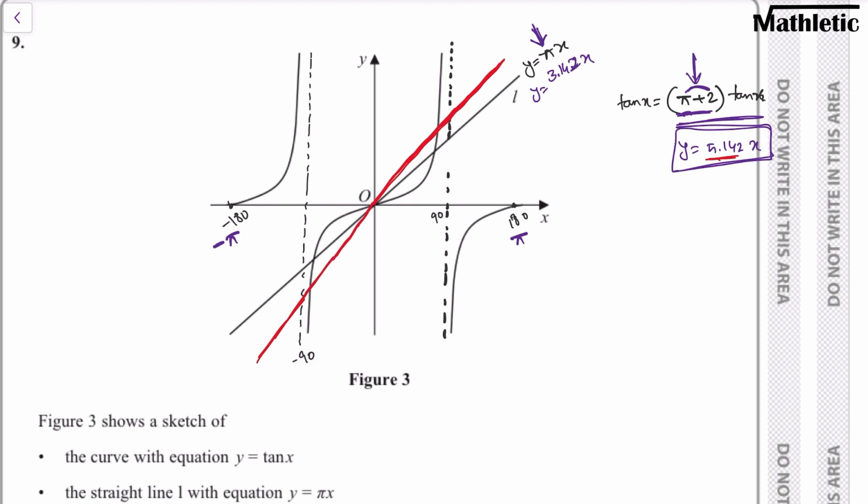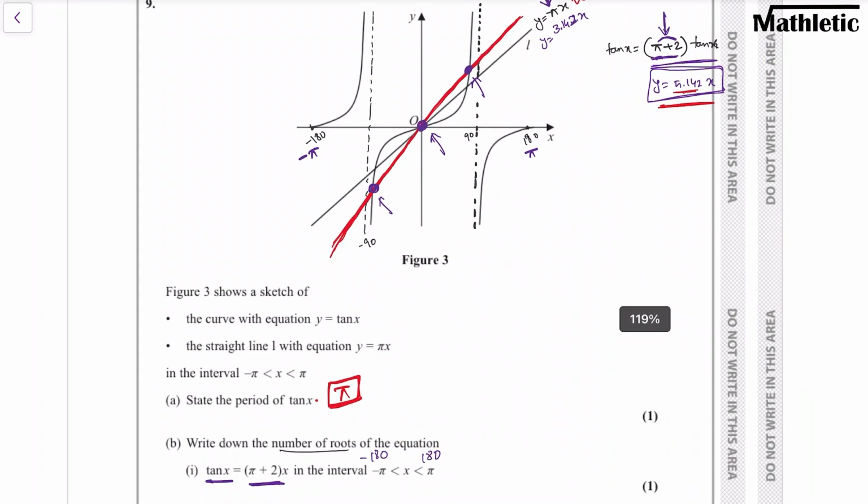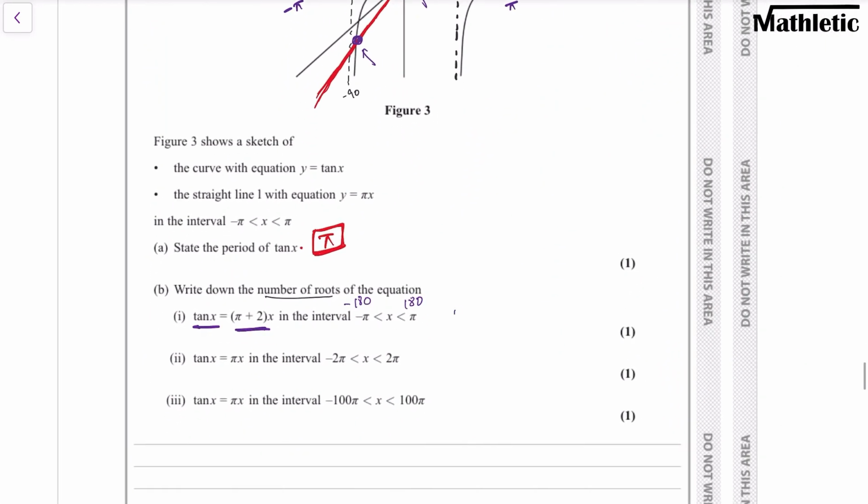I am just drawing the new line with a greater gradient. Since the gradient is greater compared to the original line, it will be a steeper line. It doesn't matter, the intersecting points remain the same: 1, 2, 3. So we have 3 intersecting points. So the answer to part B1 is actually 3. 3 intersecting points represent the number of roots, which is 3.